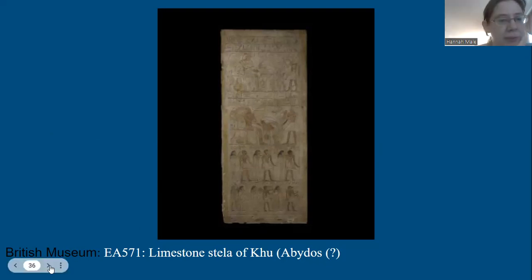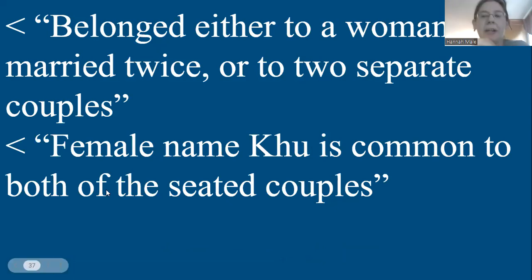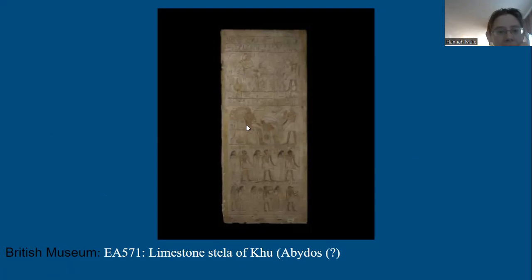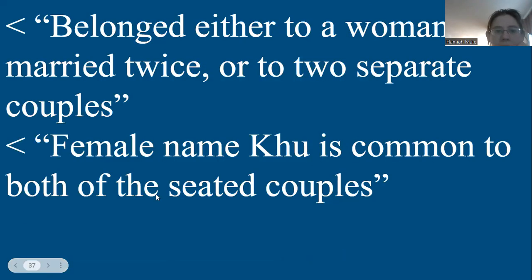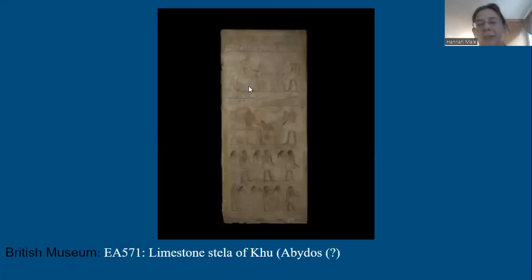And so it's a little bit of a mystery because the hieroglyphs don't make it completely clear whether this is the same woman Ku who married twice, and this is her first husband and this is her second husband, or it's two different couples that are at this pilgrimage site, but both wives just happened to have the name of Ku, but they're two separate women. So it's sort of unclear.